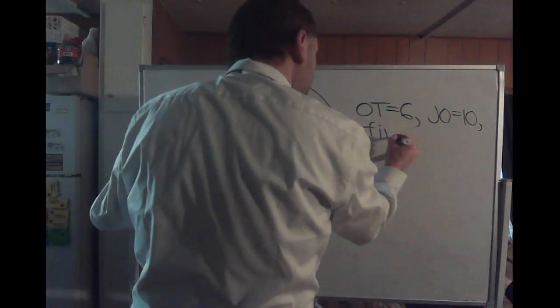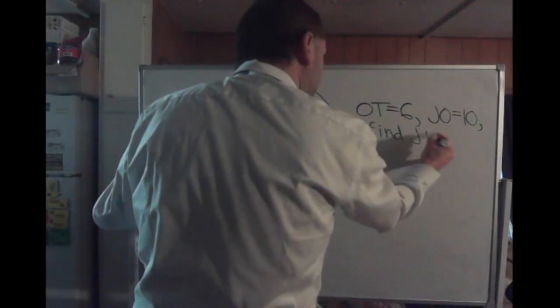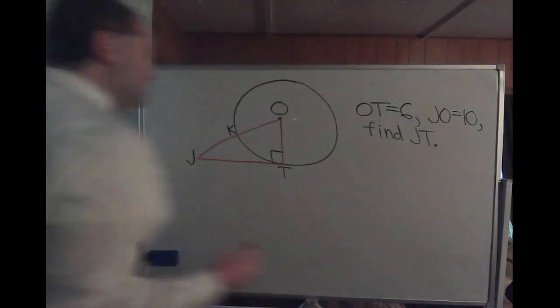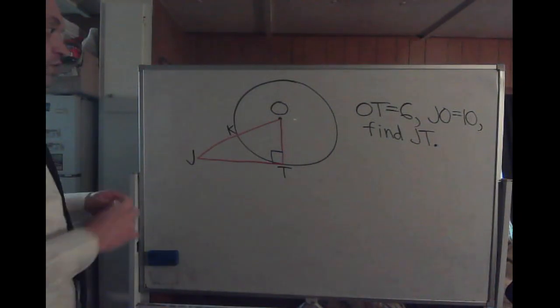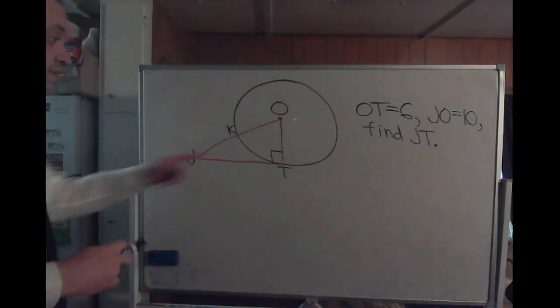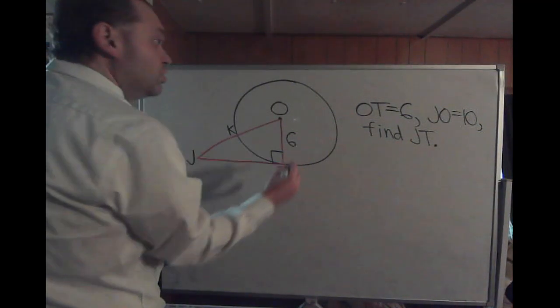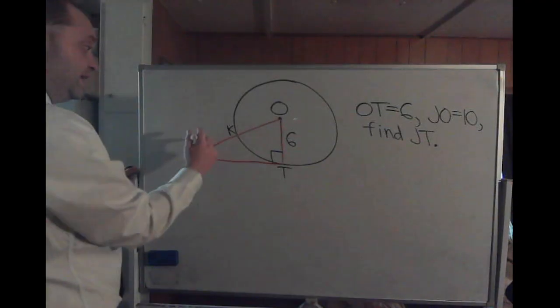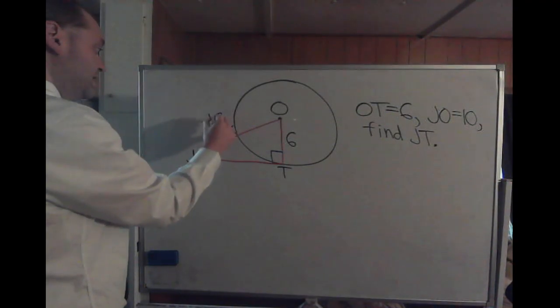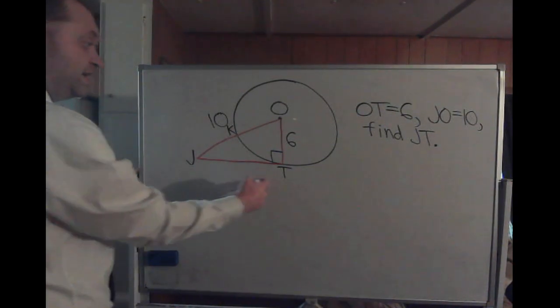Find JT. So we got some lengths here. We have that OT has a length of 6. We got that JO, the whole JO here, has a length of 10. We need to find JT.